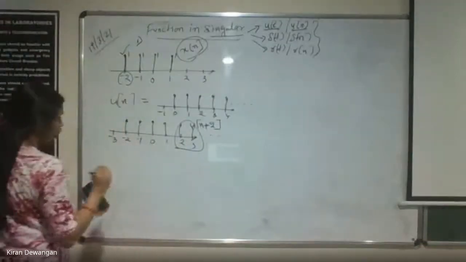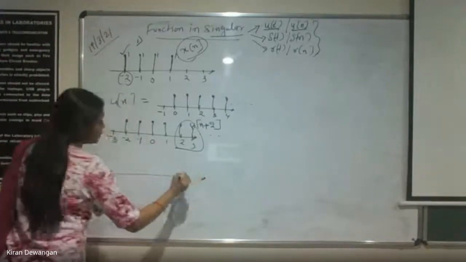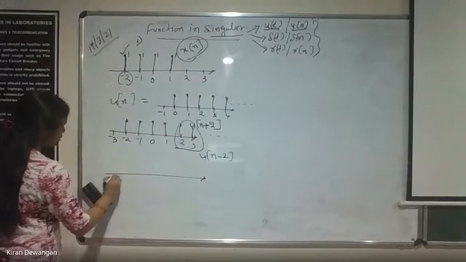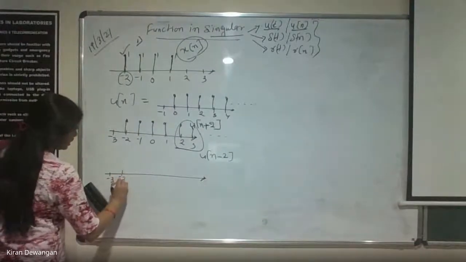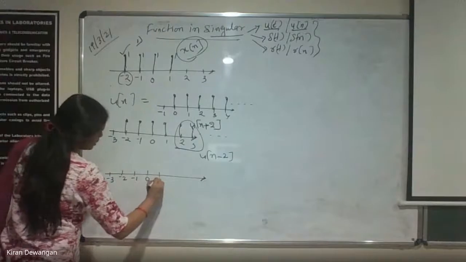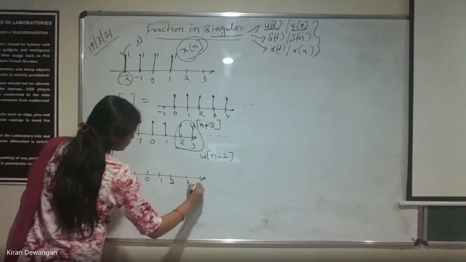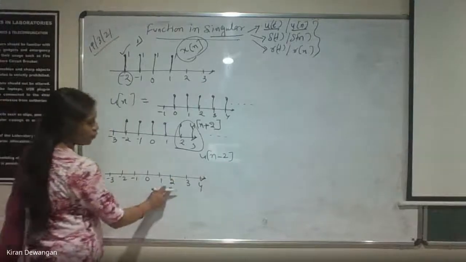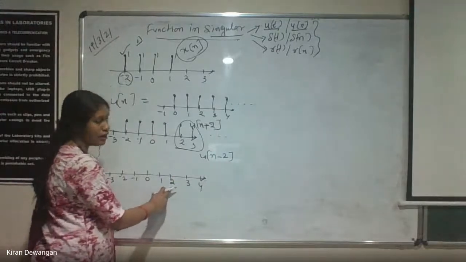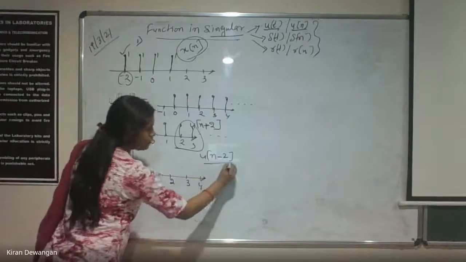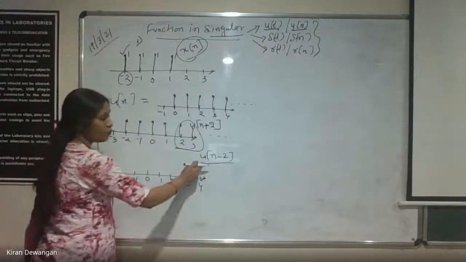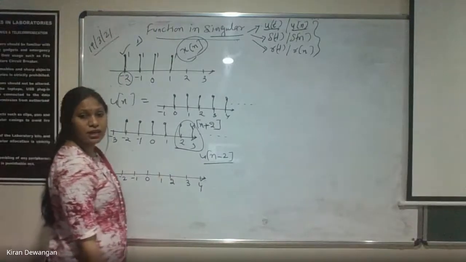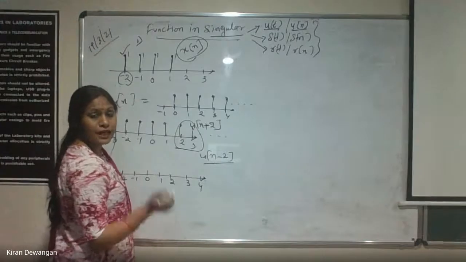Now if I plot u of n minus 2, on this axis -3, -2, -1, 0, 1, 2, 3, 4, from which point of n will u of n minus 2 start? कहाँ से start होगा? Yes students, reply first.